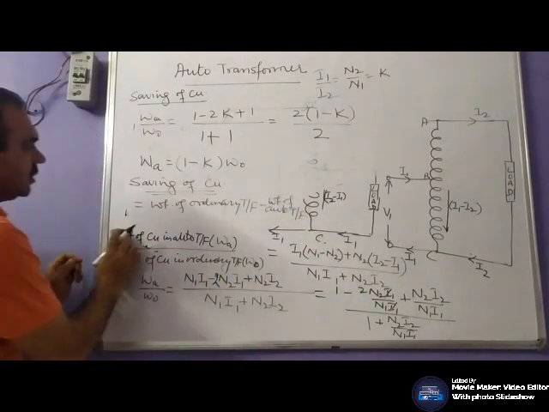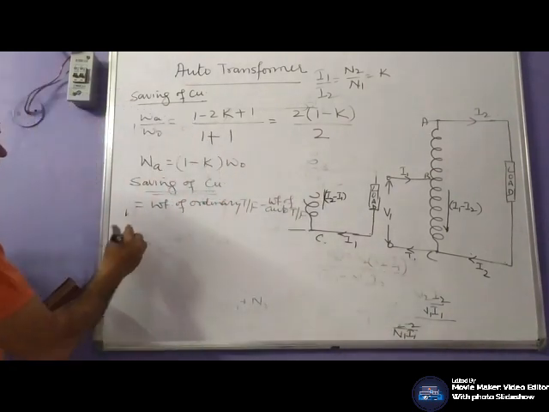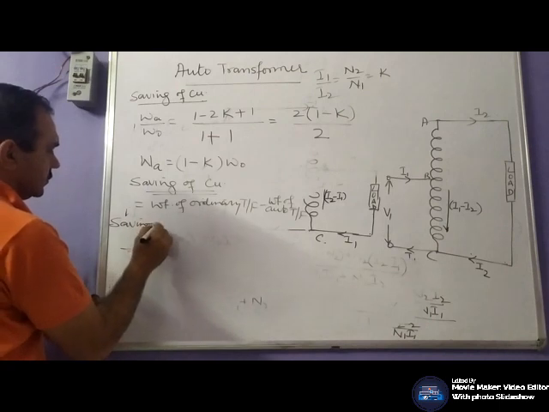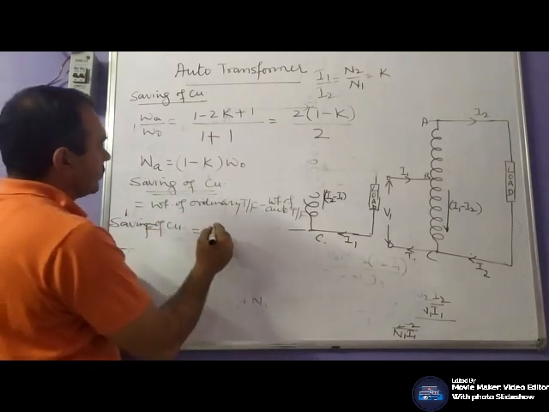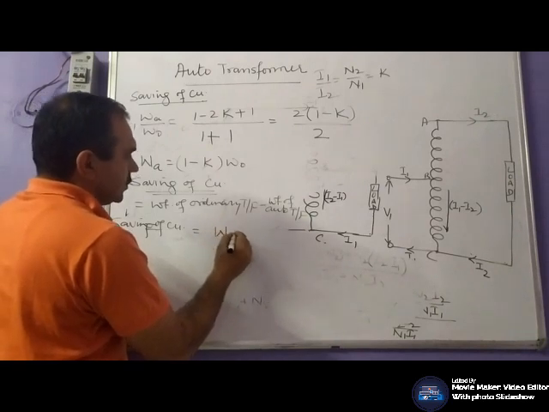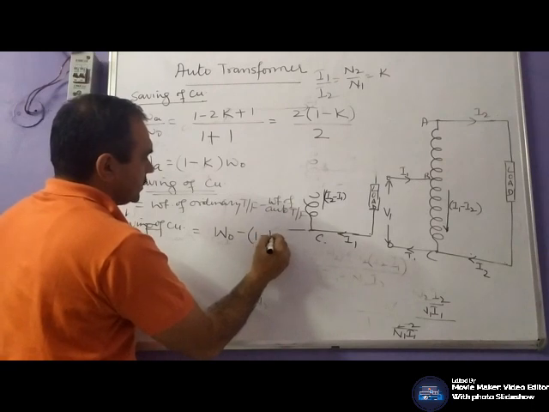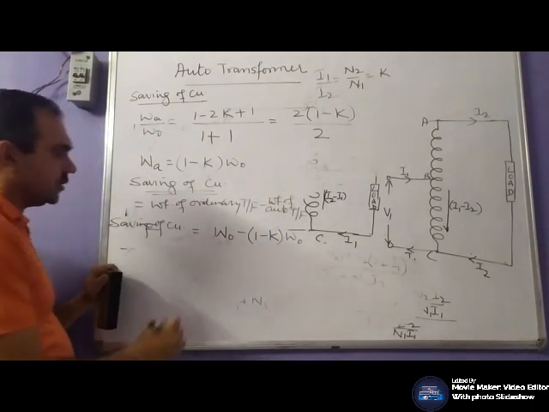The saving of copper in case of ordinary transformer is the weight of copper minus the weight of copper in auto transformer, that is 1 minus (1 minus K) times the weight of the ordinary transformer.